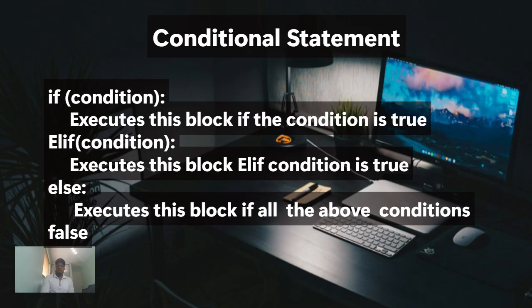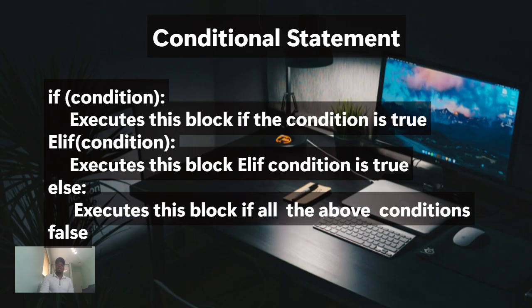Then, if the first condition is false, it moves to the next condition to check if it is true or false, then it will execute the next line of code. But if that condition is false, it will move again to the next line, which is else, in order to execute the final block of code.